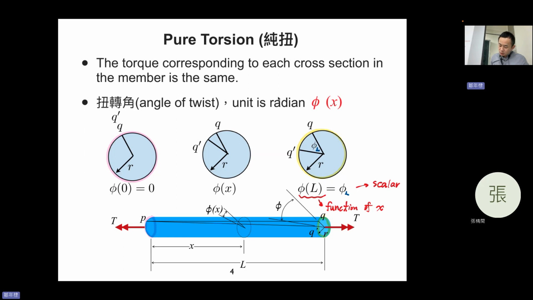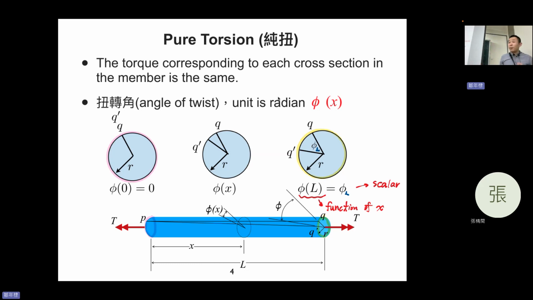And phi of 0 is 0, okay? So I guess you can understand that. Imagine that you have a torsion here. The angle of twist will start from the smaller one and expand to the bigger one, okay? So for the phi here, along the cross section, you will have phi start from 0 and gradually increase, okay? I believe you understand that, right?